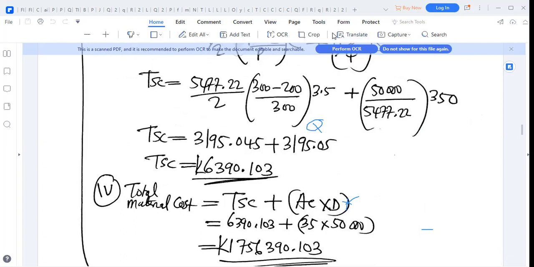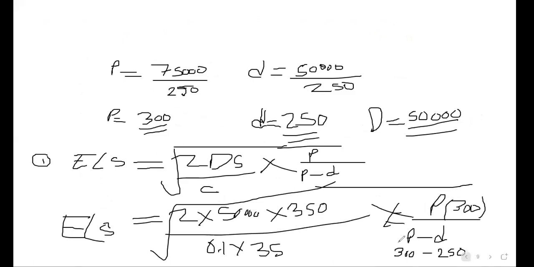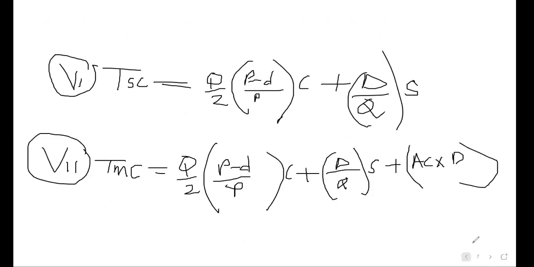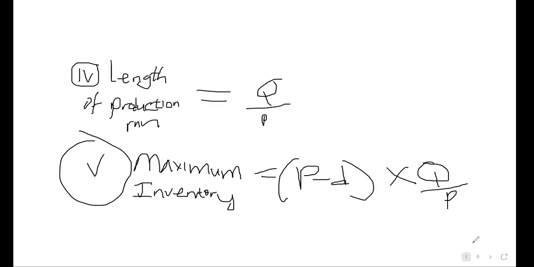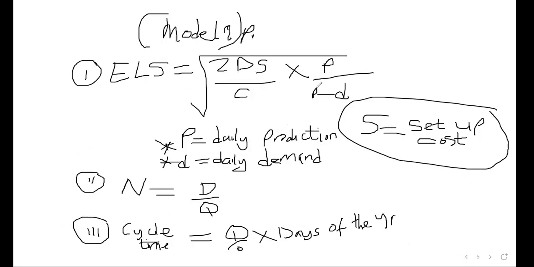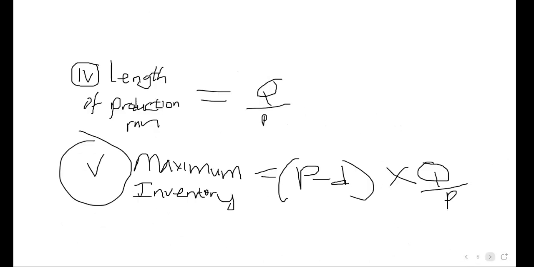Of course, even in this, the formulas were given, so it's just a matter of going through them, because the economic lot size formula is given, you just have to apply it. Whenever there's production, you go for economic lot size, which is model 2. Then you go for maximum inventory level, the formula is there.